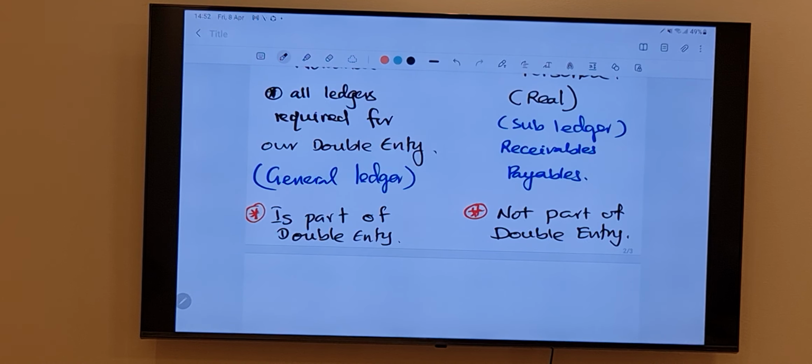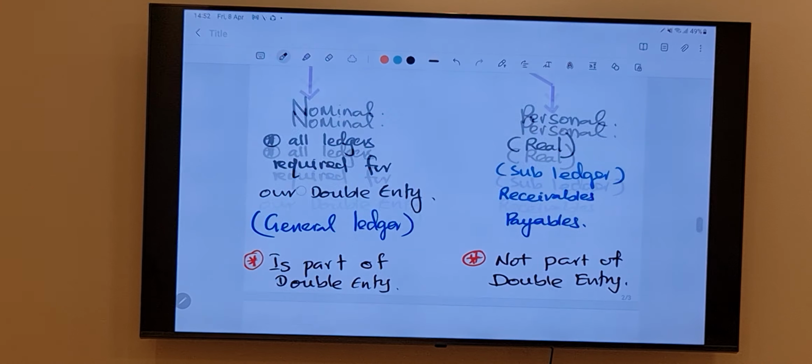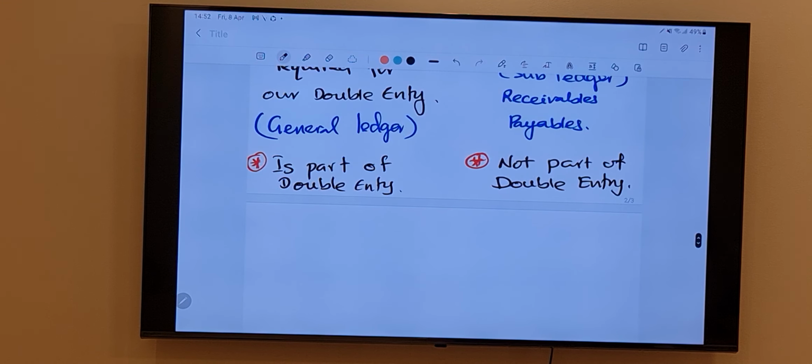So examples, for the nominal ledger, everything in a chart of accounts, in our computer system we have a chart of accounts, right? Fixed asset, current asset, motor vehicle, inventory, receivable, expenses, sales, any account, as long as you will use it for double entry, it will come here.